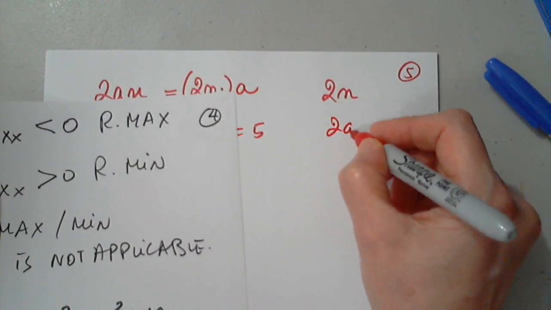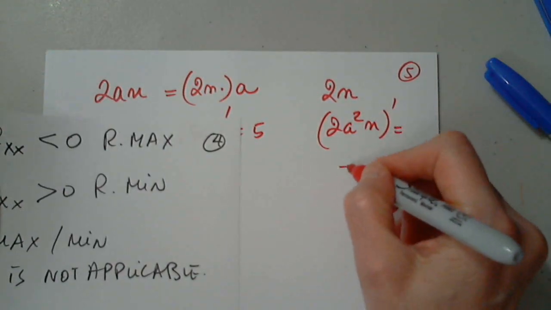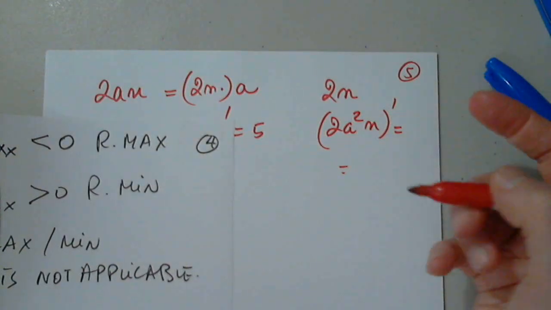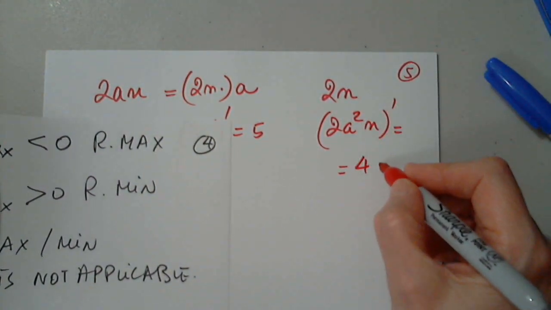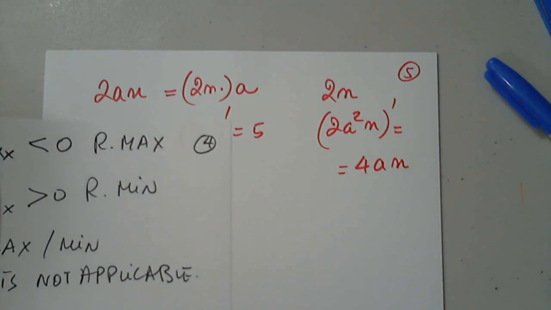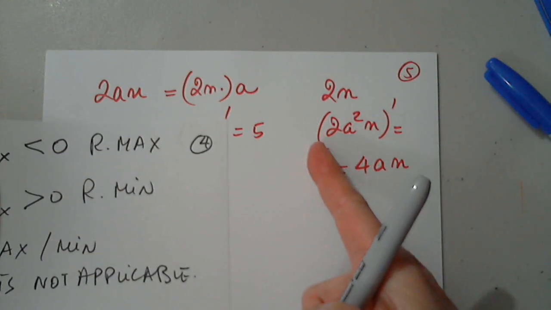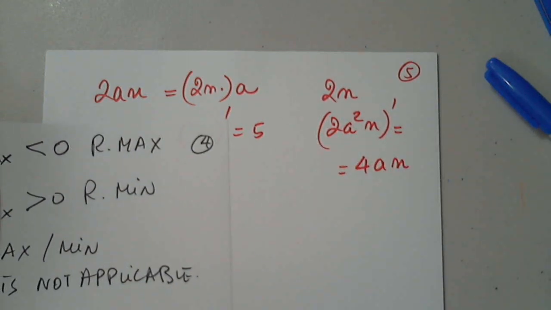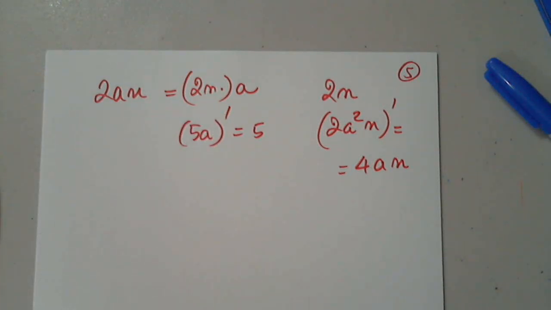But now if I have, for example, 2a squared n prime, I shouldn't write it like this because it's a partial, but to explain, I will have 4an because I'm differentiating this to get 2a times 2, which is 4, and then n has to stay. Is that better? Yeah, I think so.